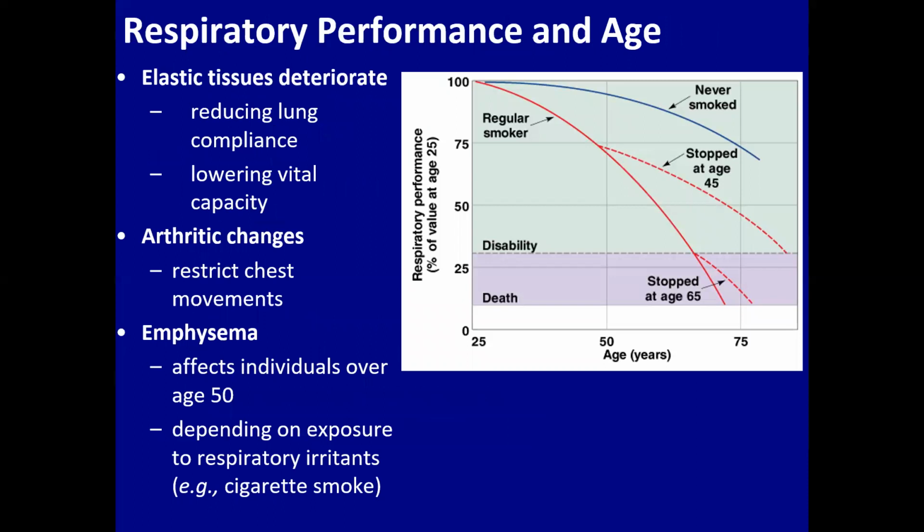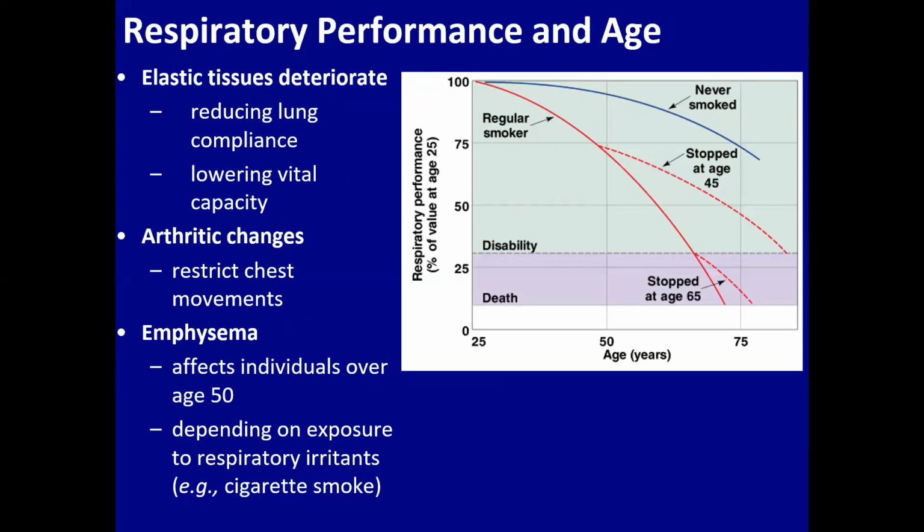All right, now let's talk about what happens as you age. It's not pretty, but it's the same story. Your elastic tissue deteriorates, just like it does in every other system in your body. So your lungs are not going to be as compliant. You're going to ask them to do all sorts of things, and they're not going to be able to do it.